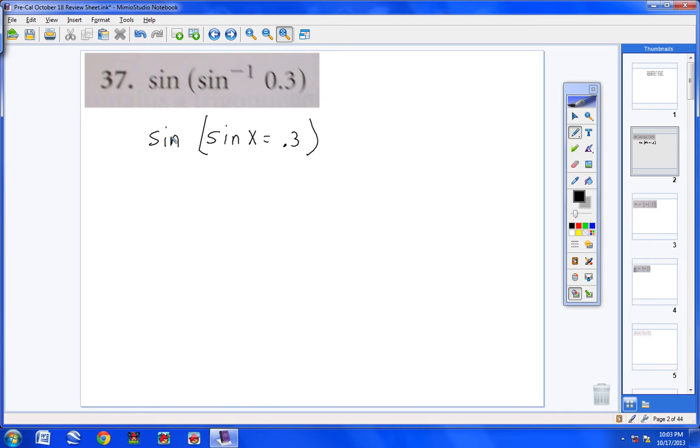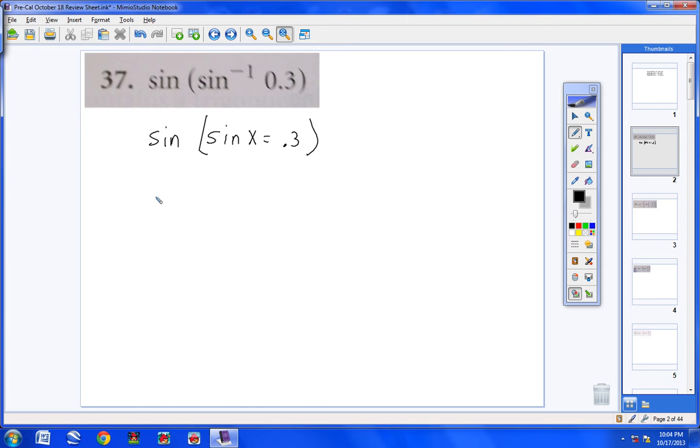Now, 0.3 is not on our special table of special angles. So whenever you're looking for an angle on your calculator, you hit second sine, and then you type in second sine 0.3, and you will get out 17.45760312.